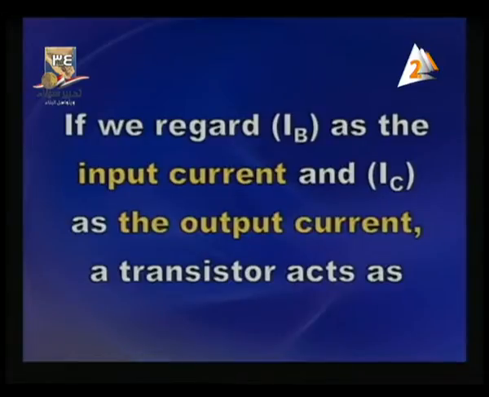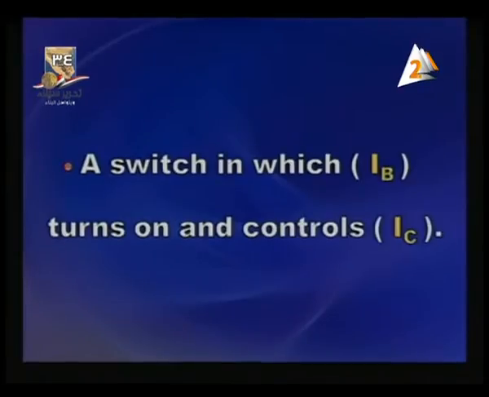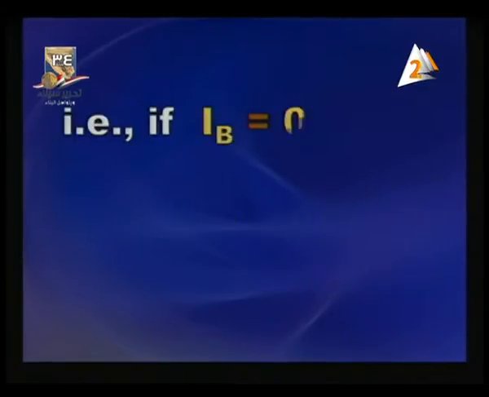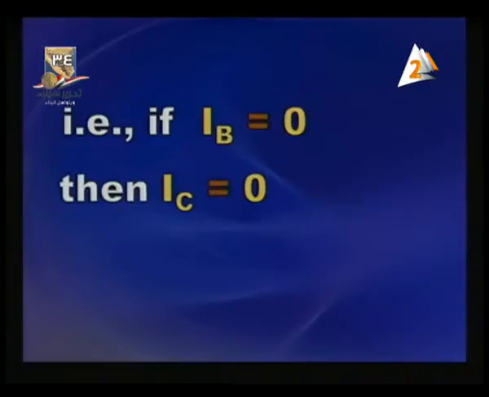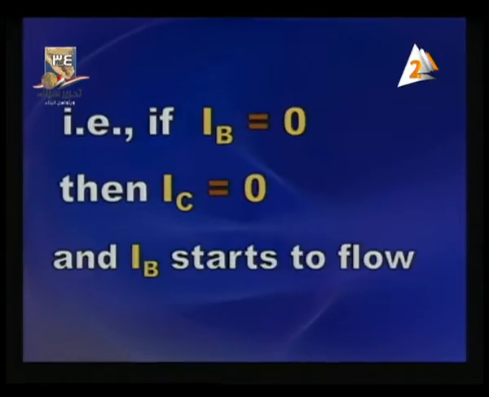If we regard the base current as the input current and collector current IC as the output current, a transistor acts as a switch in which base current turns on and controls the collector current. That's to say, if the base current is 0, no current flows through the base, then collector current will be equal to 0.